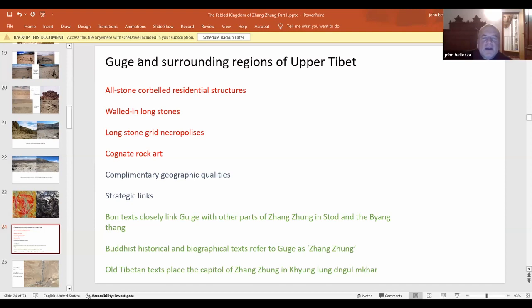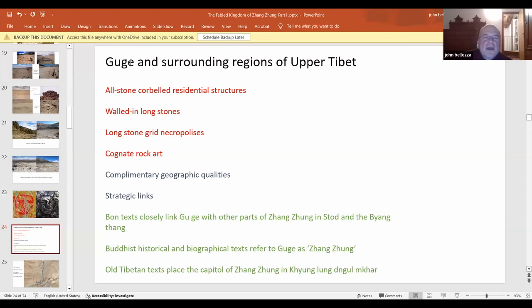And interestingly enough, in the Yungdrung Bon sources, they mentioned that Guge was quite a part. It was part of Shangshung, part of what was known as the region of Kayuk, but it had some distinctive qualities all of its own.